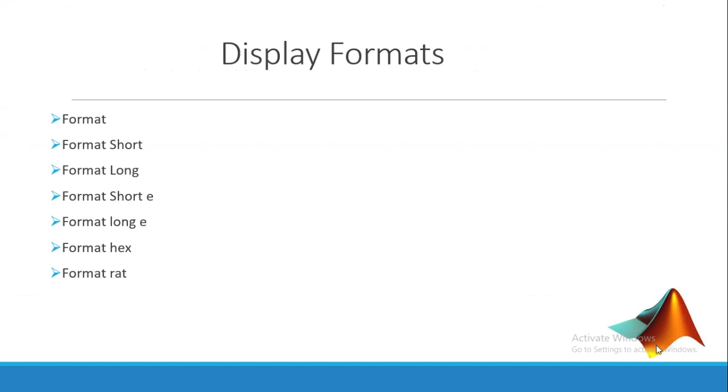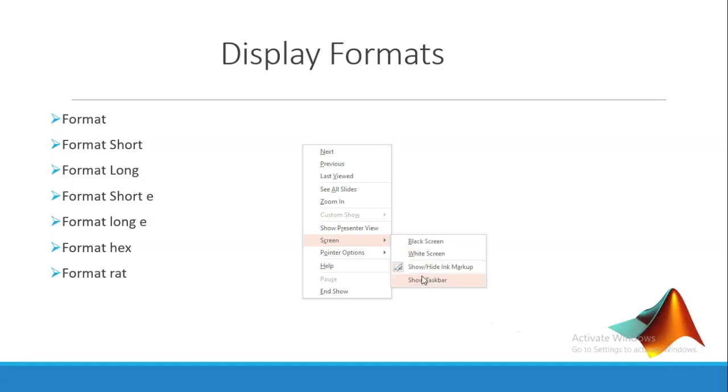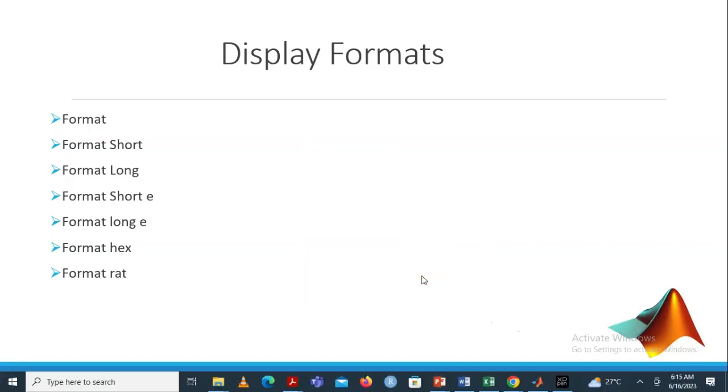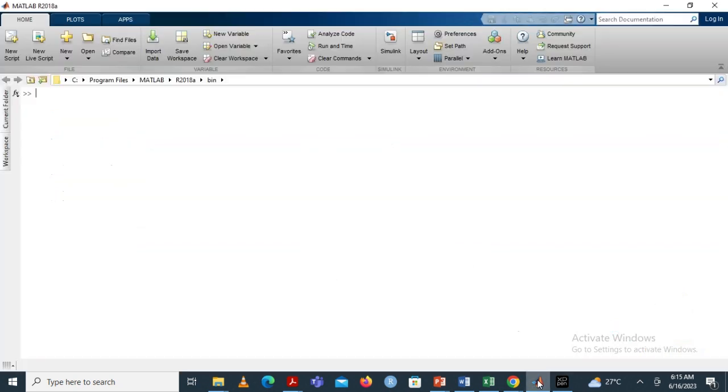We have the format rat, which displays the answer in a ratio of whole numbers or fraction. So now let's move to Matlab and see how we can type this in Matlab.